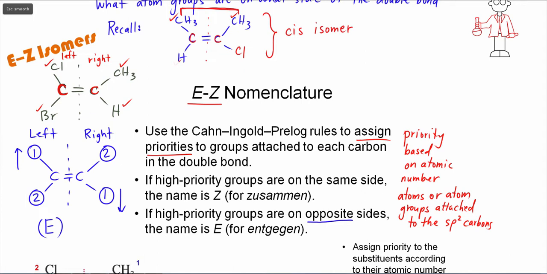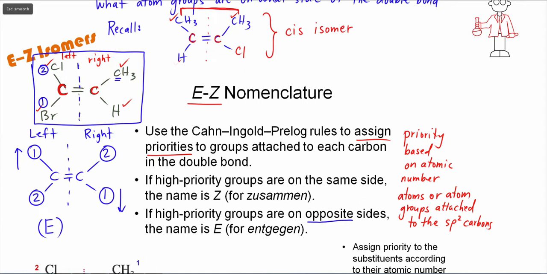So if I go back to this example in green, I'm going to prioritize the atom or atom groups attached to each carbon. On the left, Br has the highest atomic number, so that would get 1, and this would be 2. And on the right, I'm going to prioritize what's attached to this carbon.